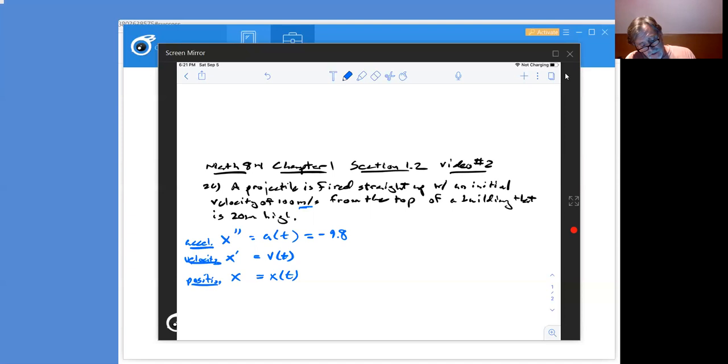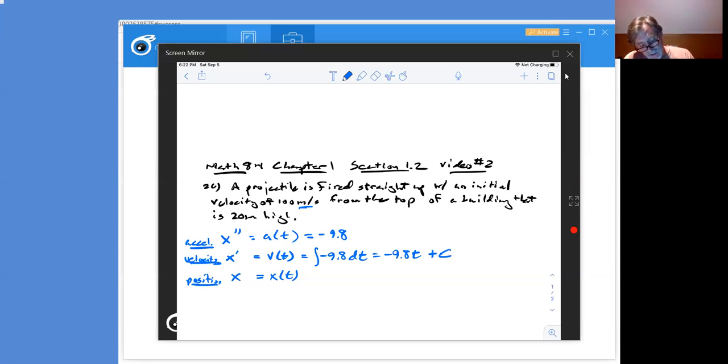But what you do is you, of course, integrate your acceleration, negative 9.8, and our live variable in this case is t for time. How long up, how long down, that kind of stuff. So we end up with negative 9.8 t, and then you go plus some sort of constant c maybe. Oh no, it's one of those initial conditions again.